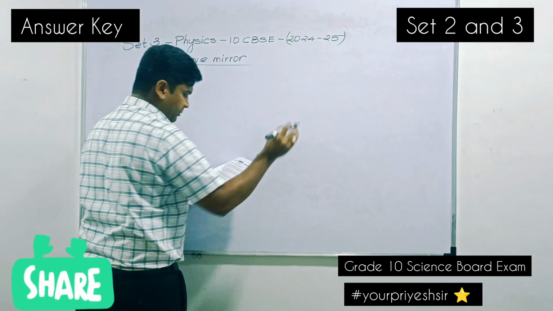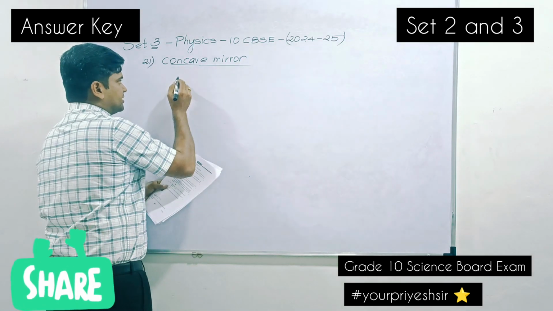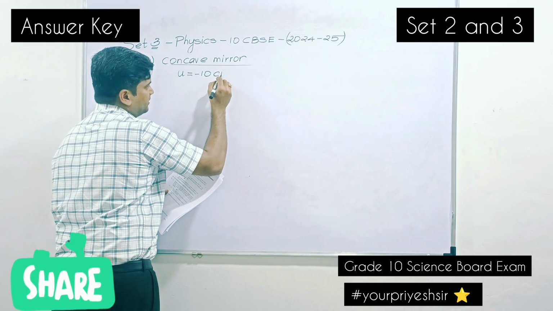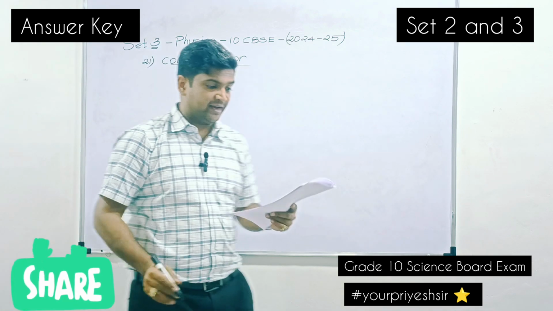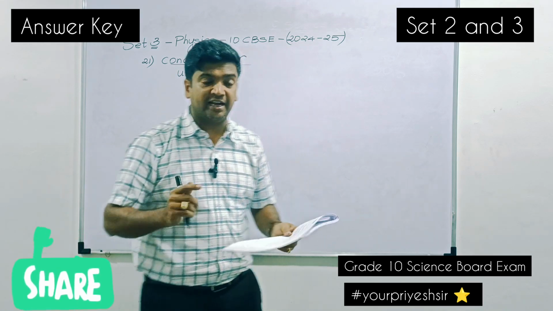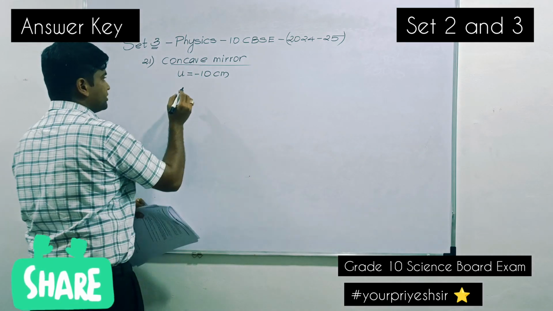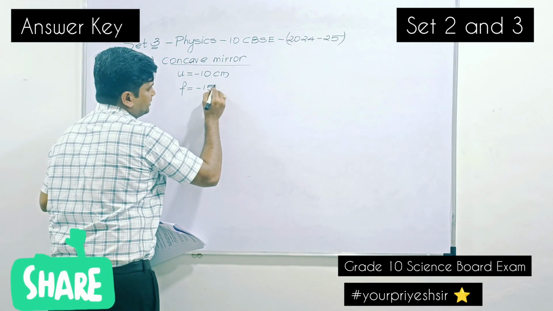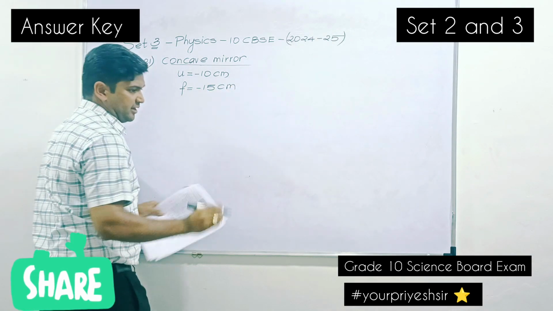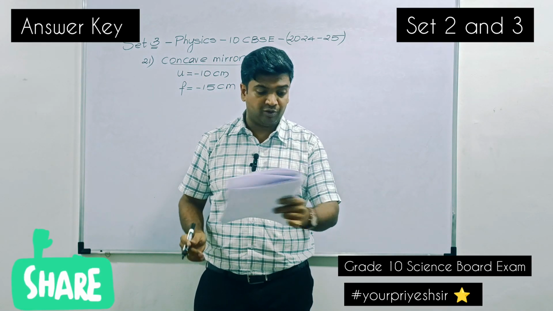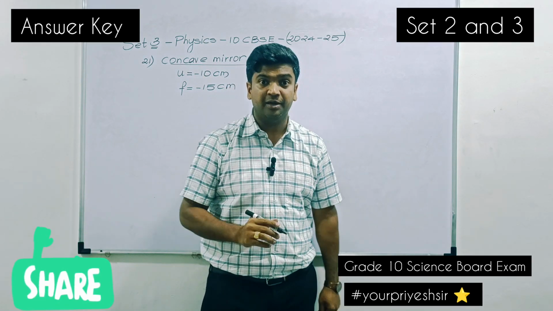Now for this concave mirror, we have the object distance as minus 10 centimeters, in front of a concave mirror of focal length 15 centimeters. Since this is concave, the focal length is negative 15 centimeters. Done. Now use the mirror formula to determine the position of the image formed by the mirror.